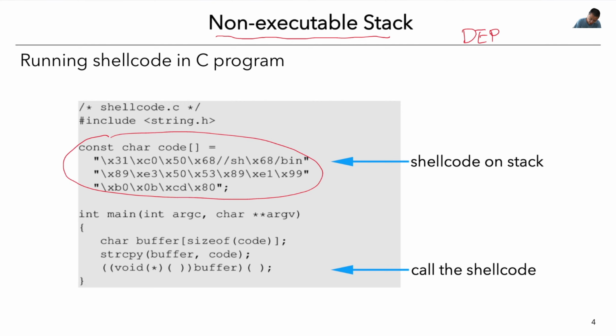We can copy the shell code to the buffer. The buffer is on the stack, and the code is on the data section, right? So we copy the shell code from the data section to the stack. Then we can force the conversion of the buffer to a function pointer. We can then call this function pointer.